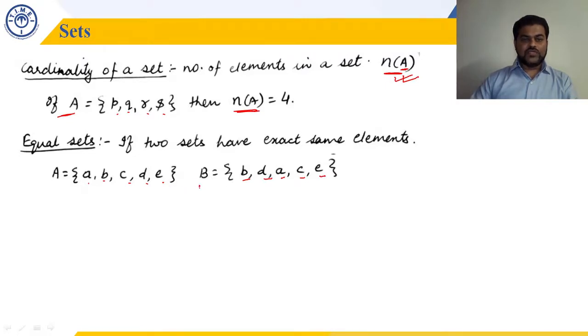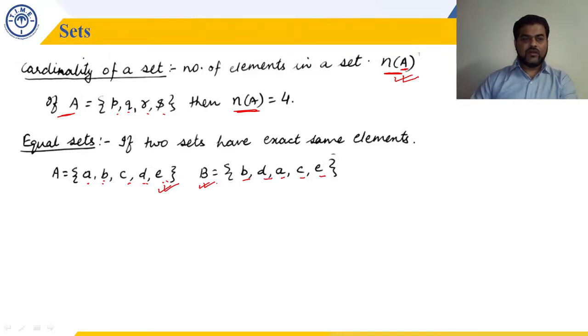Now if you see in set B, the order of the elements has been jumbled. That does not make a difference. You can write A, B, C, D, E, or you can write B, D, A, C, E. You can write the elements in any order. That does not change the set. The set still remains the same. So these two are equal sets. They have the exact same elements.